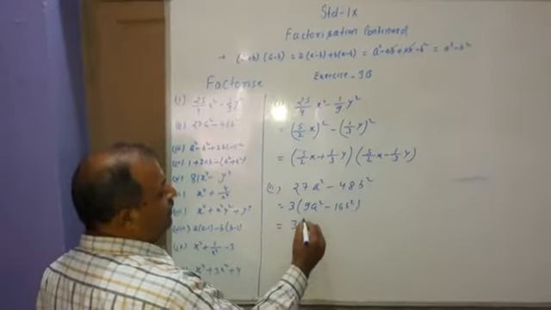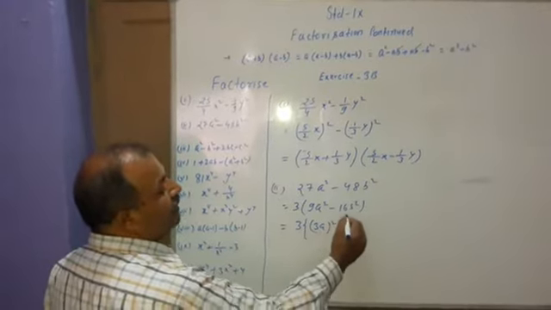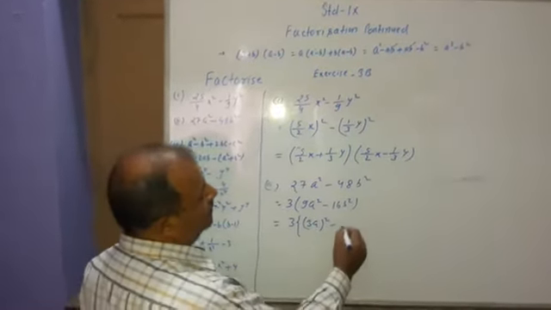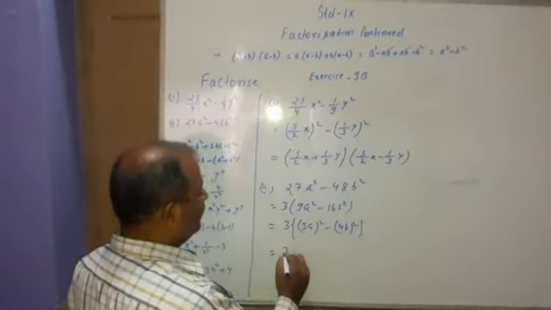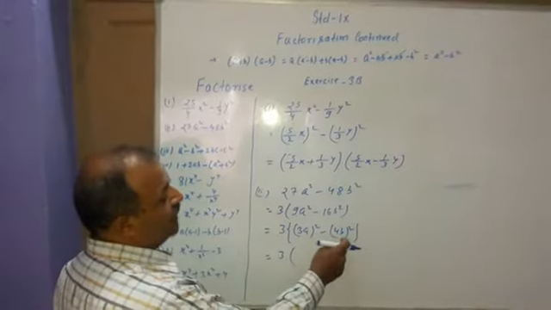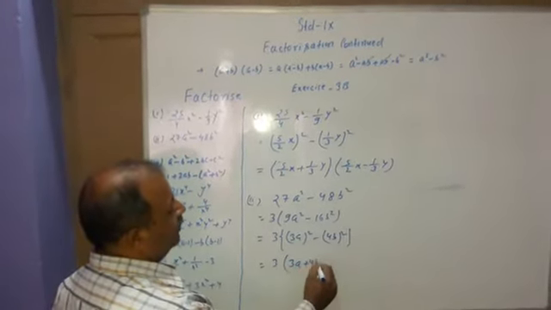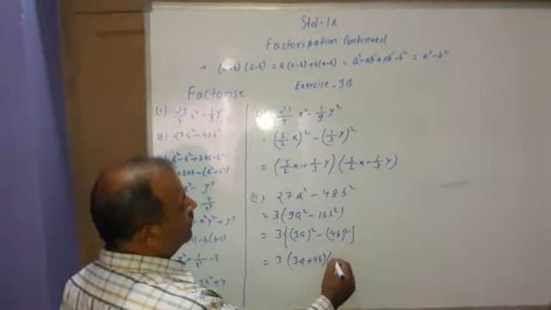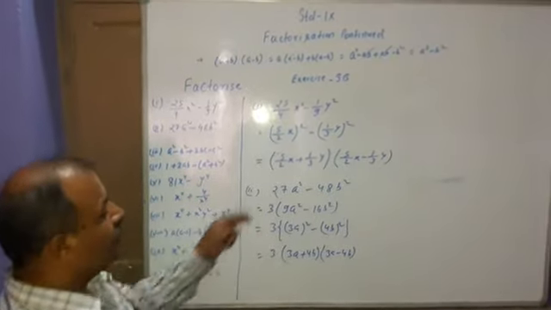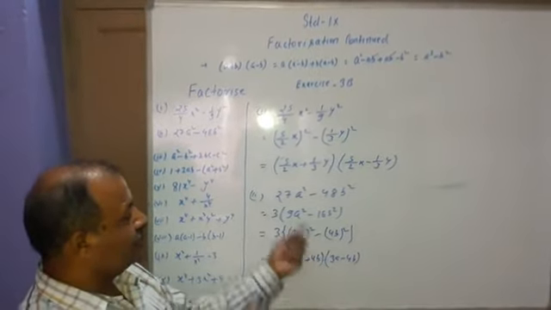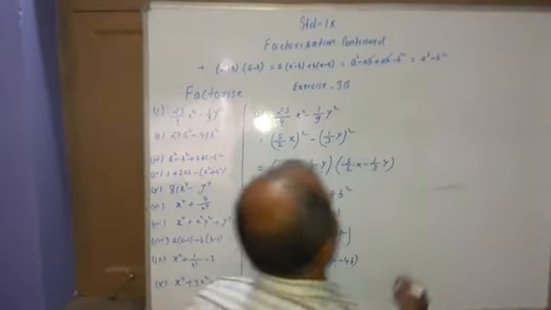You already know 9a square is the square of 3a and 16b square is the square of 4b. Now it is of the form a square minus b square. We write (3a plus 4b) into (3a minus 4b). This will be the factorization of 27a square minus 48b square.